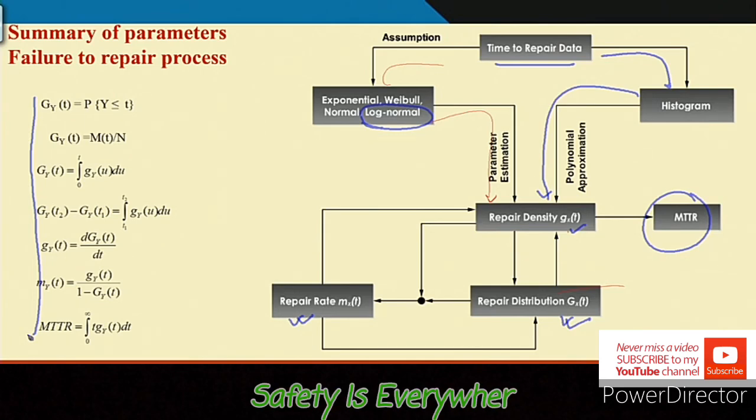Okay. So, now we will move to the combined one, that means one failure process and one repair process. If we combine the two, that is the most general one, the repairable unit case.